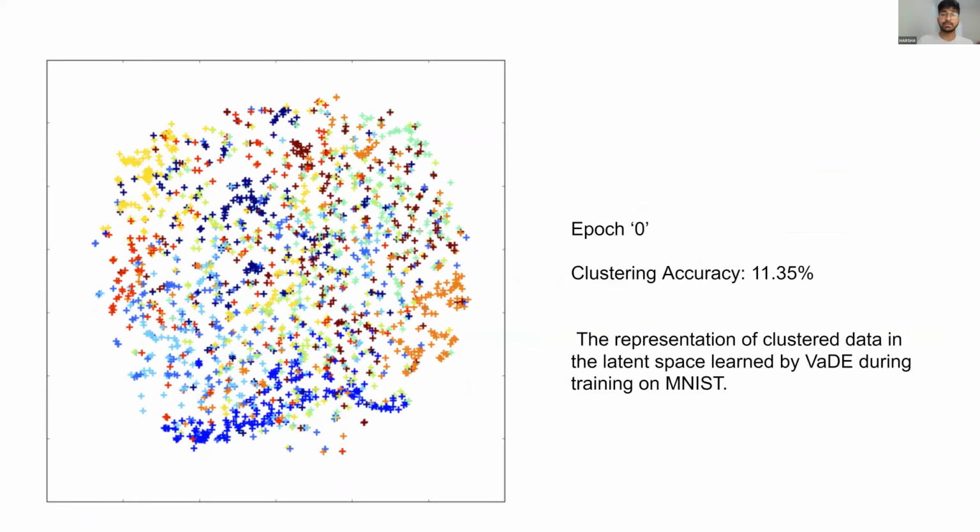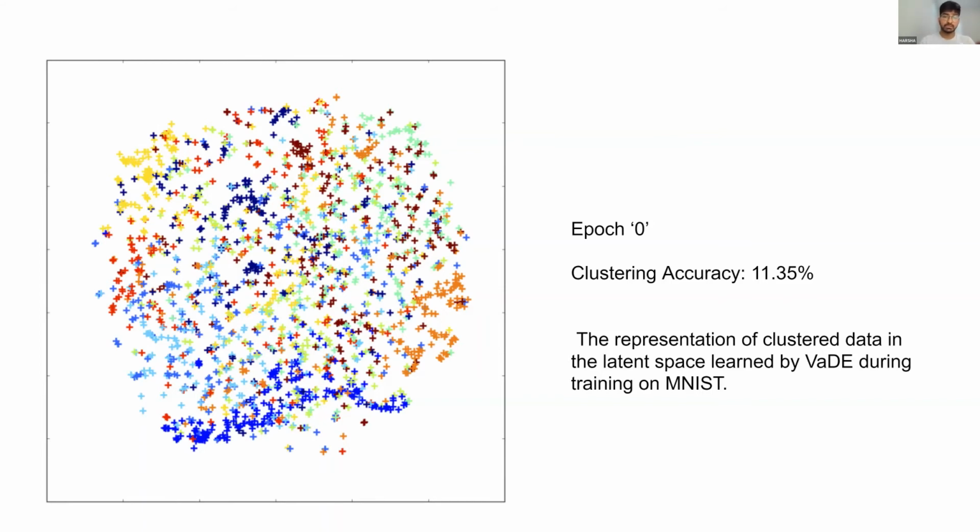The benchmark that we are using for calculating the error rate is the MNIST dataset. This is the initial representation of the cluster data in the latent space learned by VaDE during the training on the MNIST dataset.